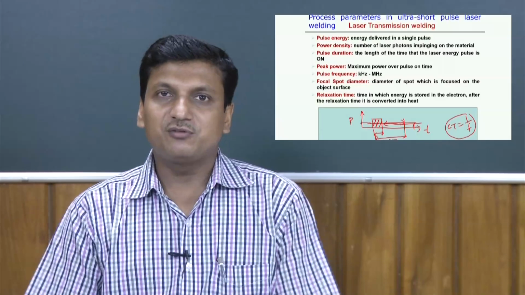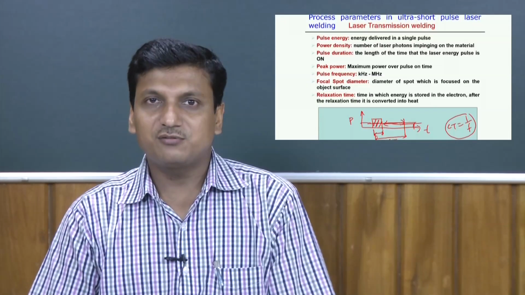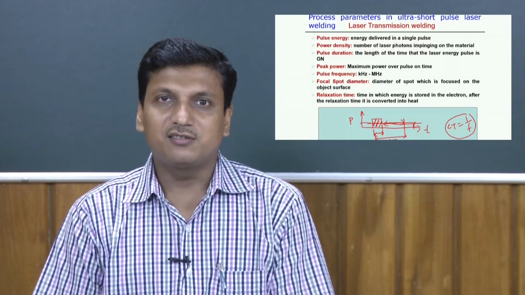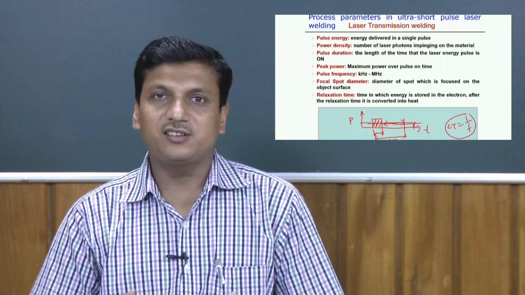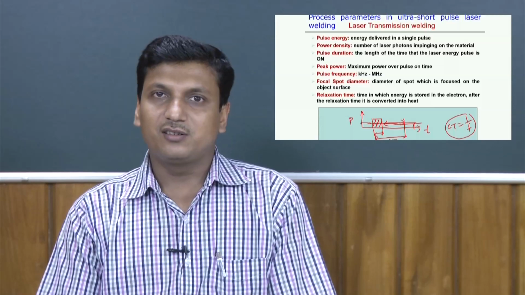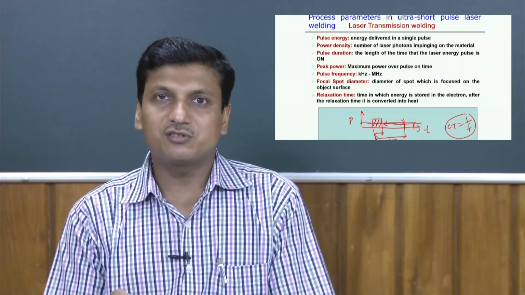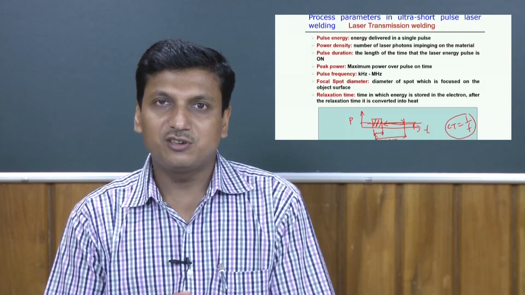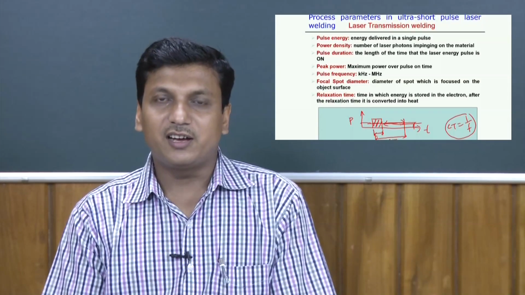In most cases we analyze the process based on the average power, and sometimes we analyze the process based on the peak power or the duration of the pulse. Depending upon the type of welding process, the analysis method can be different.